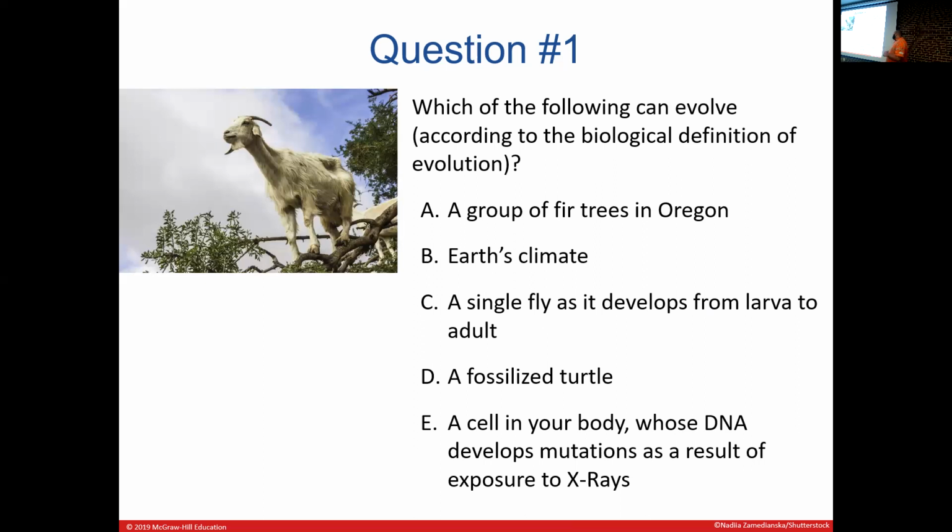And finally, a cell in your body whose DNA develops mutations as a result of exposure to X-rays. There's one caveat to this that could affect it and actually make it evolution over time. But just to get away from all that, what's the primary reason why, if you alter one specific cell line in your body, particularly if it's not a gametic cell line, that's not evolution?